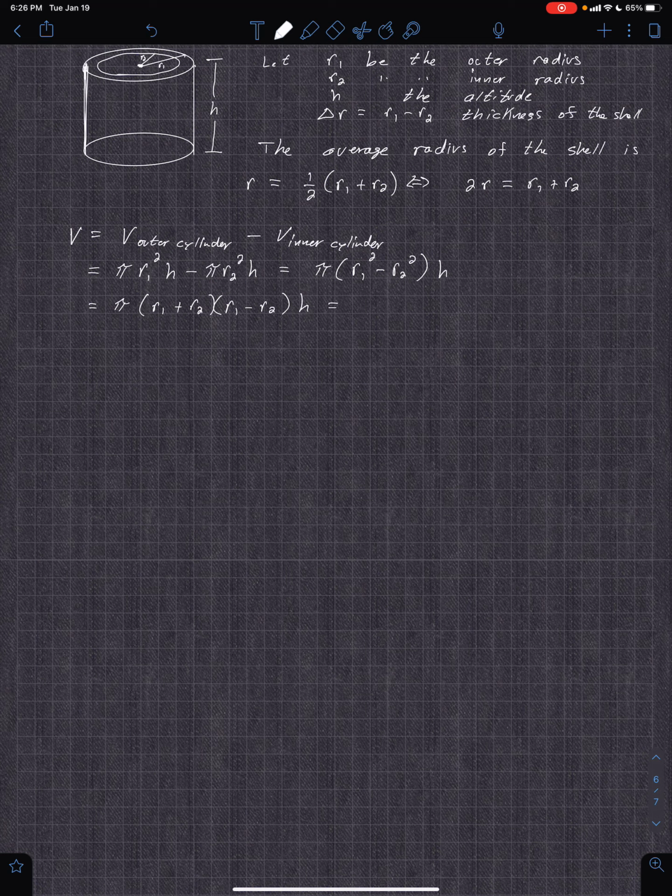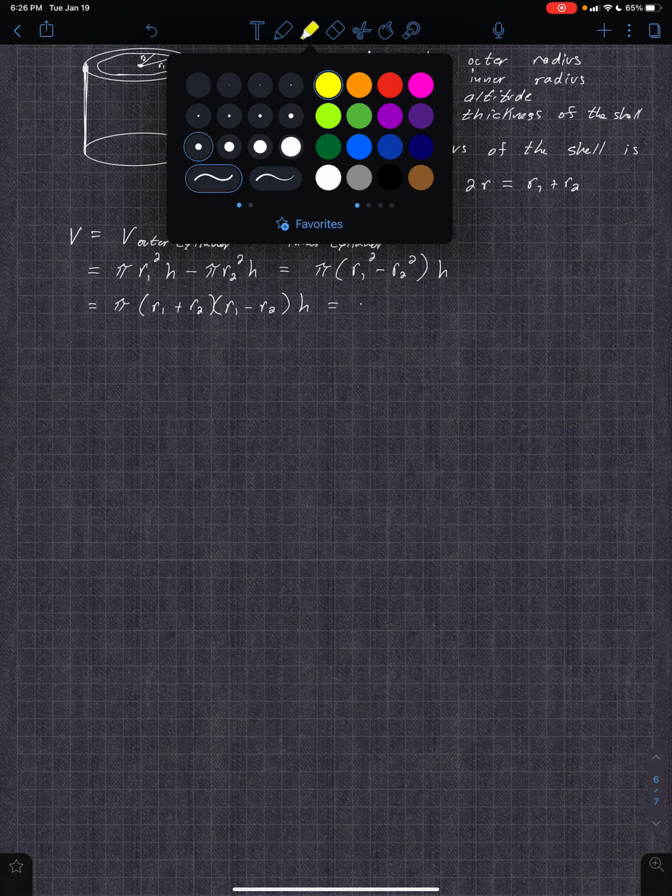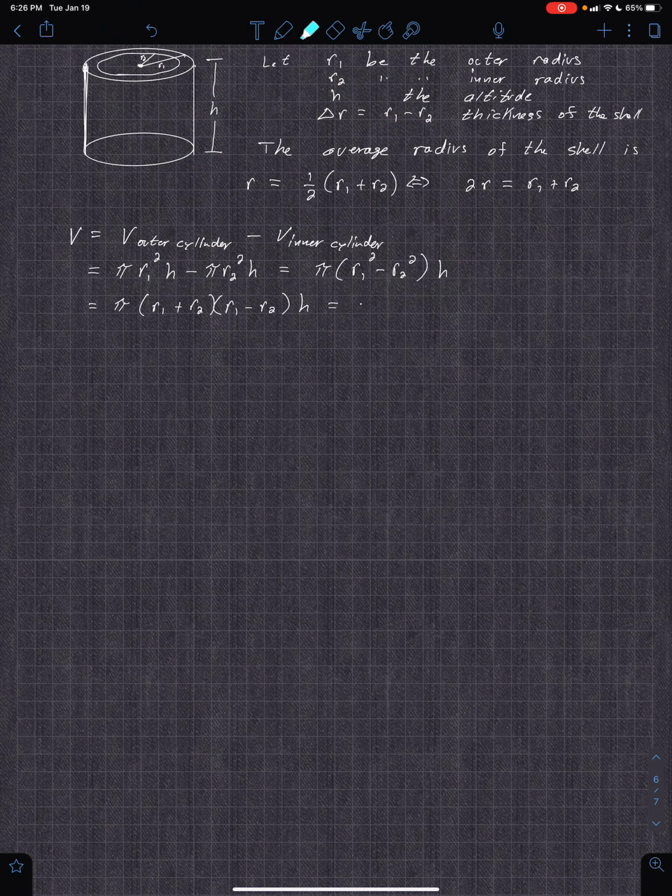Okay, so you're going to replace that. Let me just do a little highlight here. So you have this, I'm going to make the bigger font on that one. It is 2r, right? They're the same.